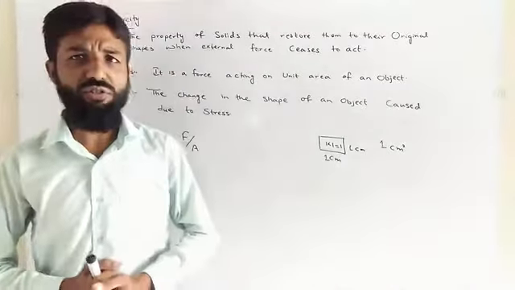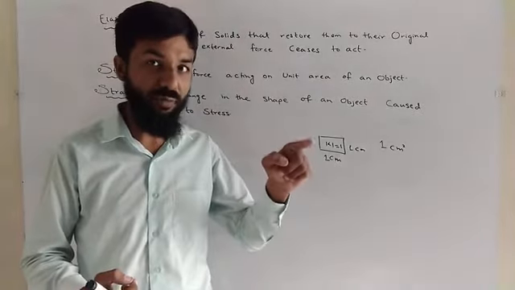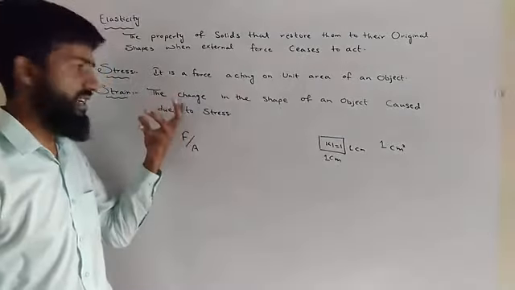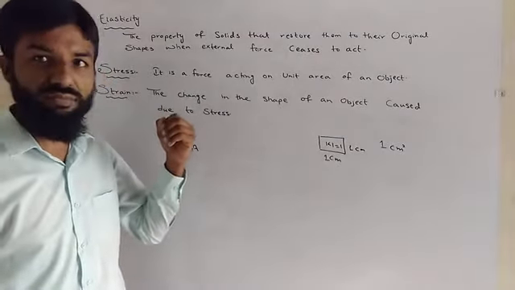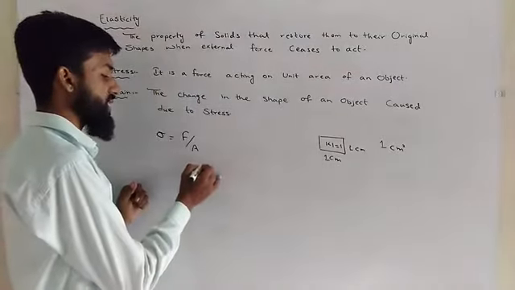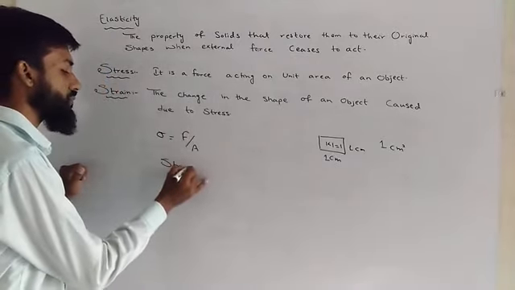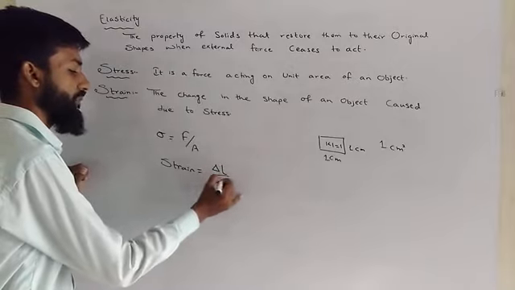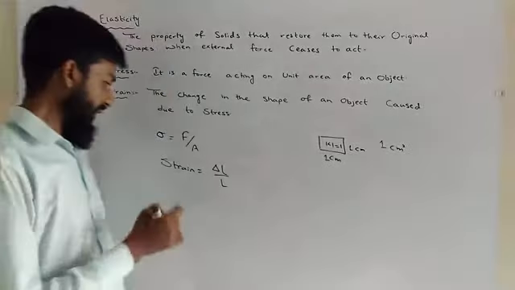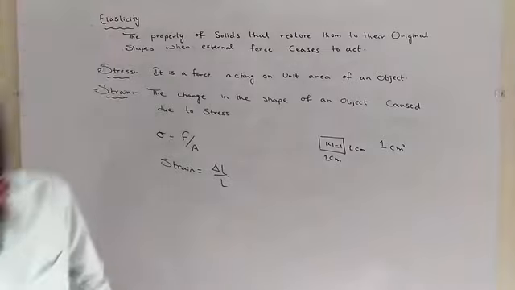When we apply stress on a certain body, the changes that occur on that body are known as strain, and strain is directly proportional to stress. The formula for longitudinal strain is delta L upon L, which means change in length divided by original length.